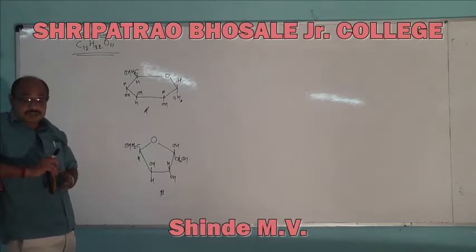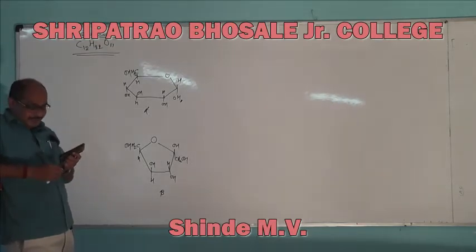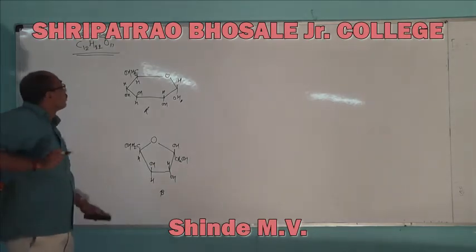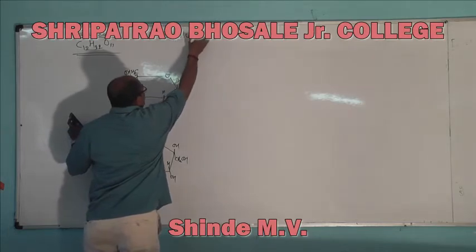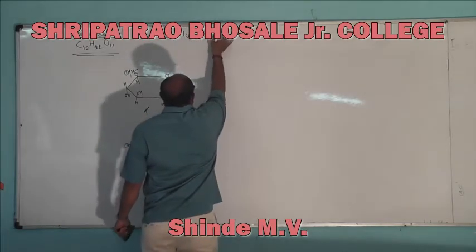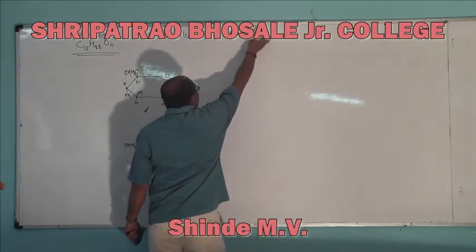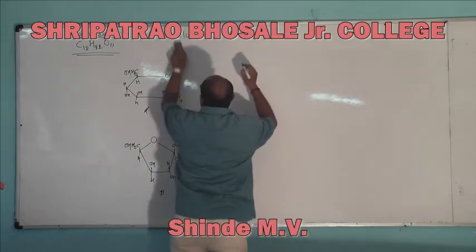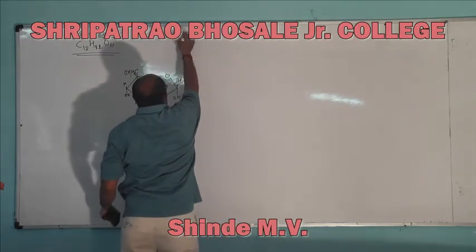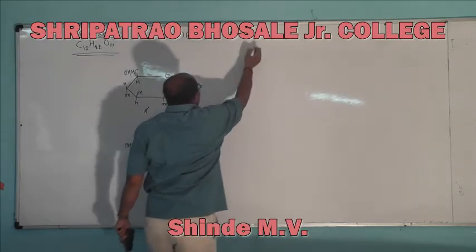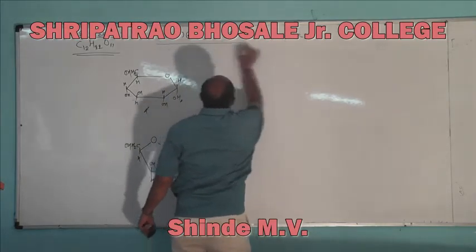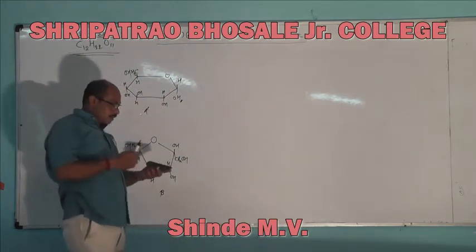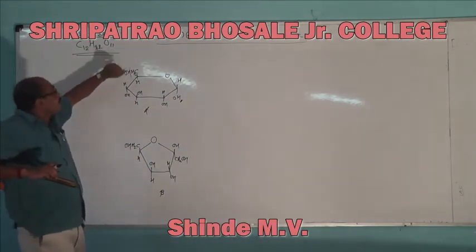But when we observe the structure of sucrose, the disaccharide has a linkage between two molecules, alpha D glucose and beta D fructose. We also have to know about the reducing nature of sucrose.